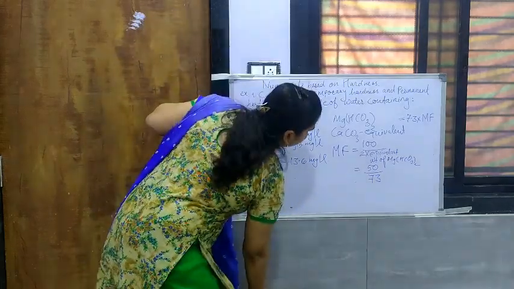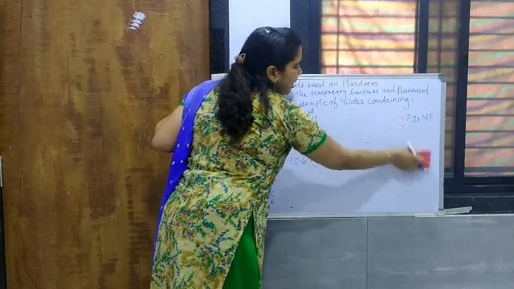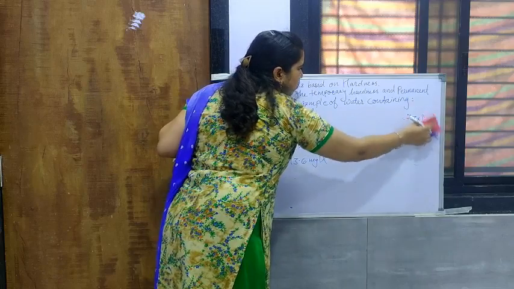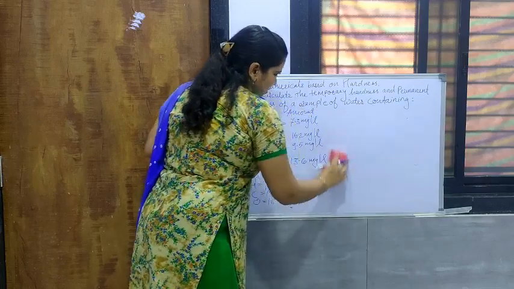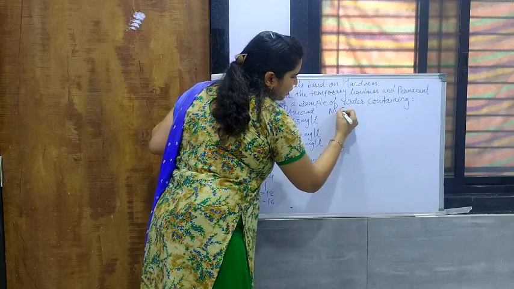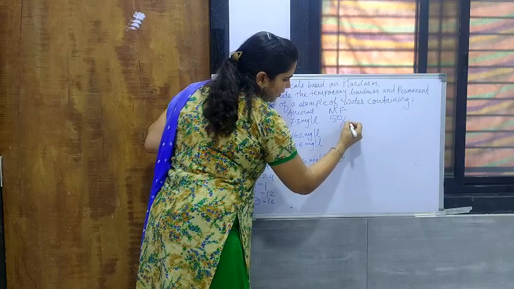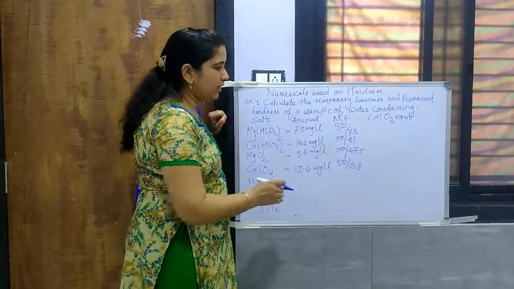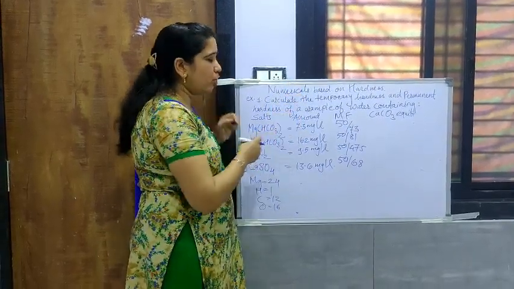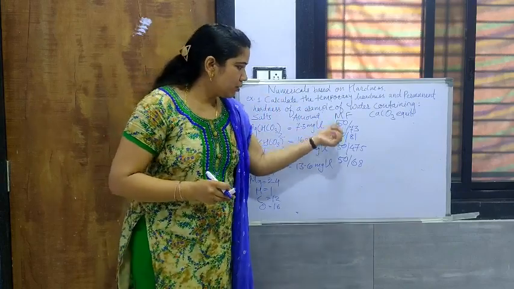In this way we have to calculate for each of the different molecules. So in the third column we will write the multiplication factor, that is 50 upon 73. In this way we have calculated the multiplication factor for each of these salts.